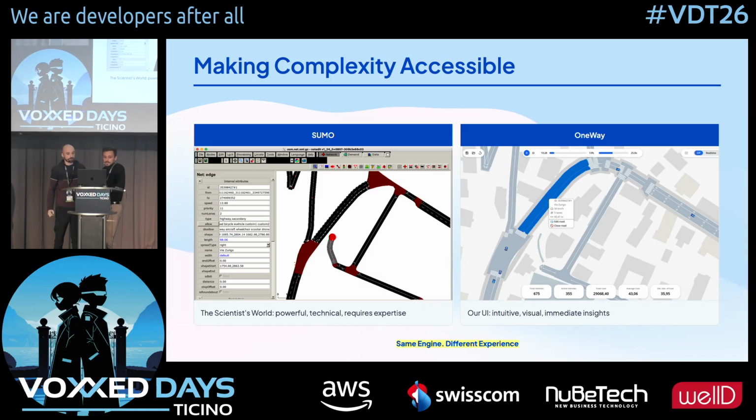We can see the difference between SUMO and our software: the actions in our version are easier than in SUMO, because in SUMO we have a lot of options, actions, and buttons, and in our version you can just right-click on a road and edit the road or close the road. So it's easier, and very simple to learn how to use it.